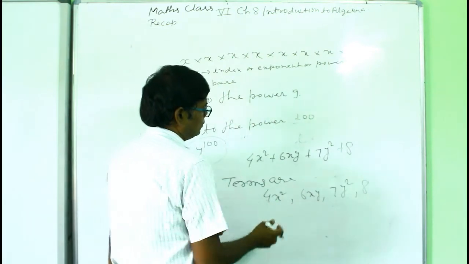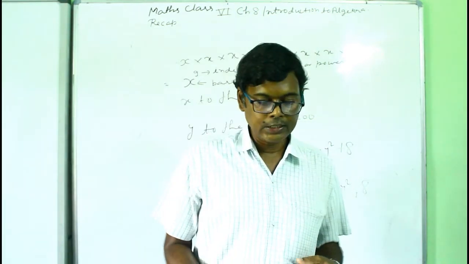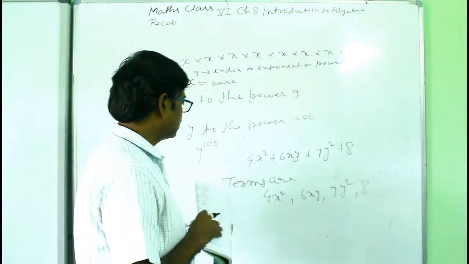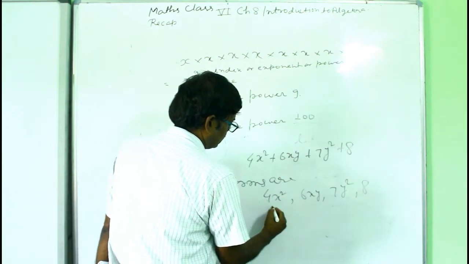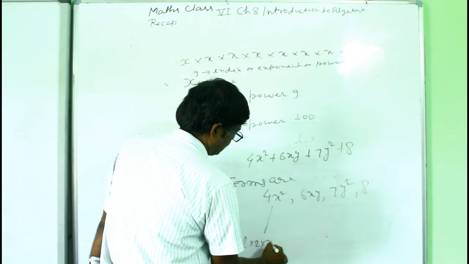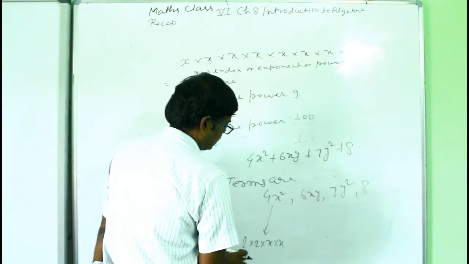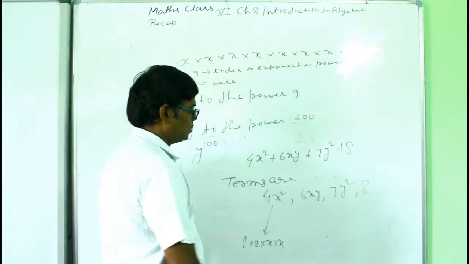The next thing is the factors. Take the factors of 4x square. You can write this as 2 into 2 into x into x. So 2 and x are the factors of this term.